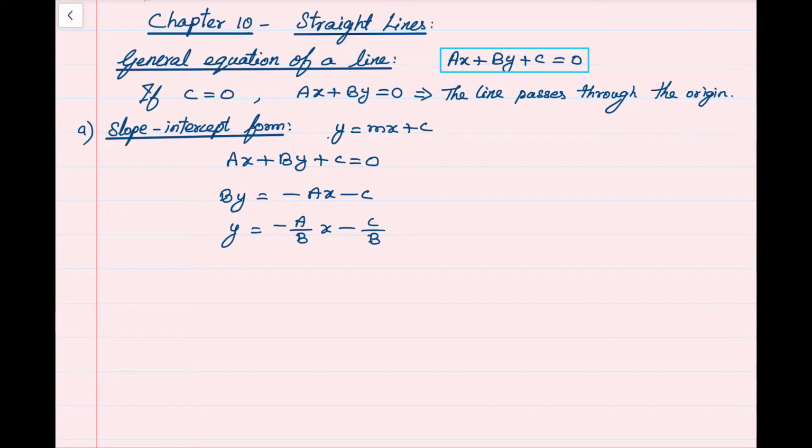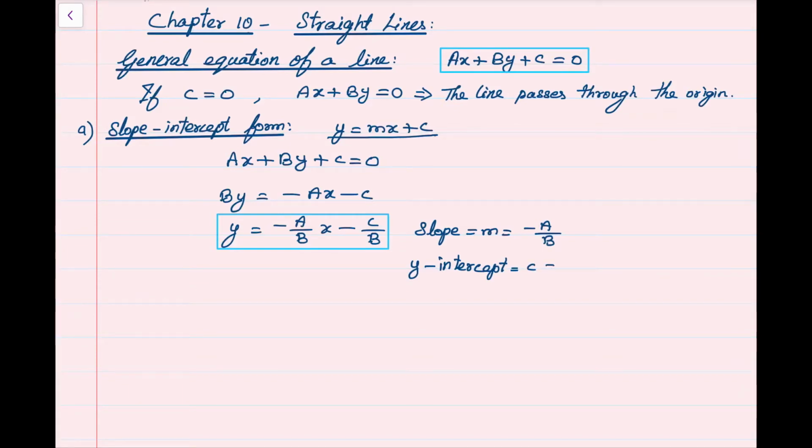By comparing this equation and this equation, slope m is equal to minus a by b and y-intercept small c is equal to minus c by b.